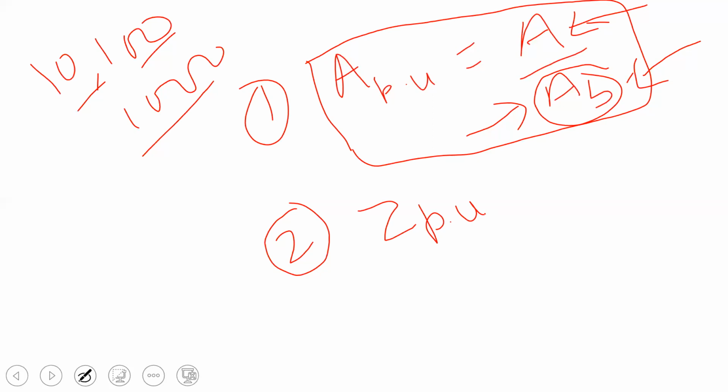The formula which I derived in the previous video is: the per unit value of the impedance is its actual value into SB divided by VB square. This is a very important formula. Here SB is the base value of volt ampere and VB is the base value of the voltage.